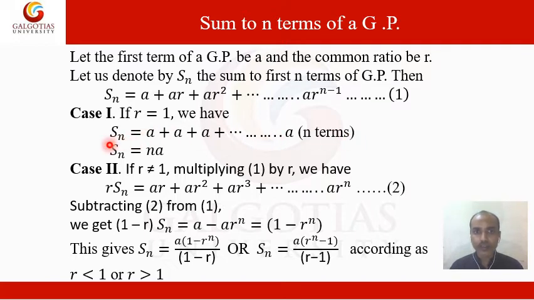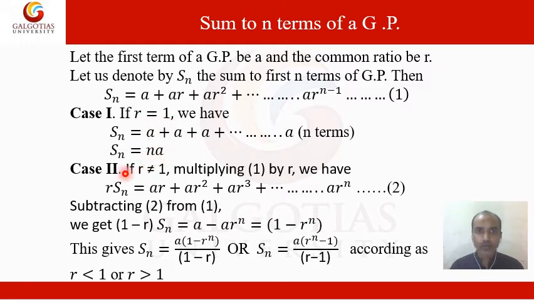So Sn is nA. That means the sum of n terms in which each term is equal to A. So the sum of first n terms of GP when the common ratio is 1 will be equal to nA.